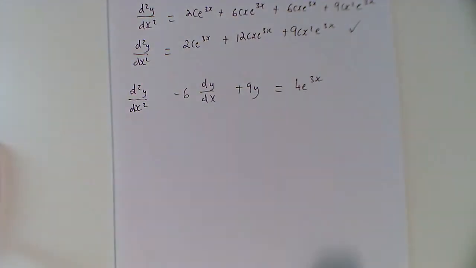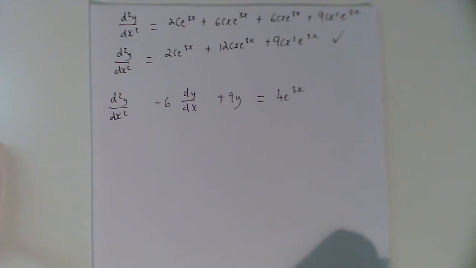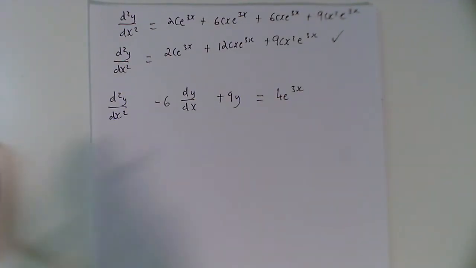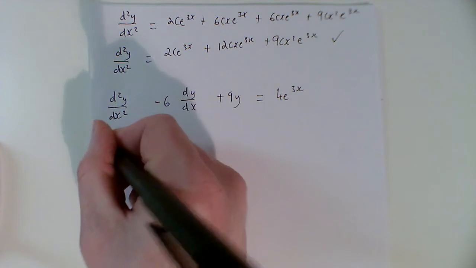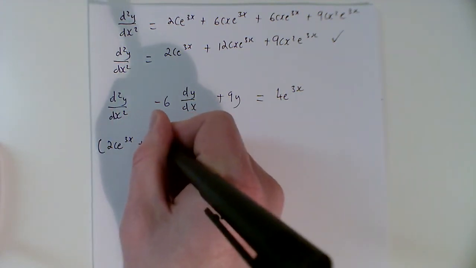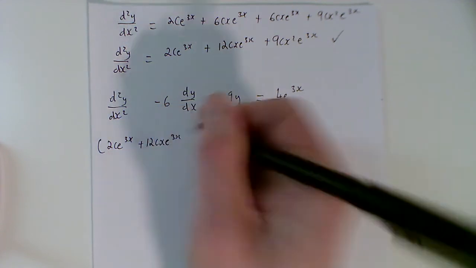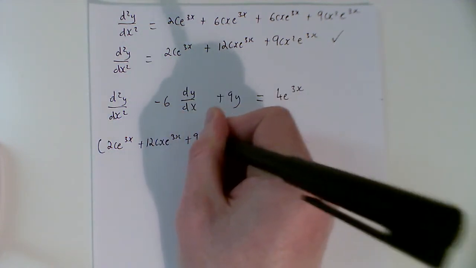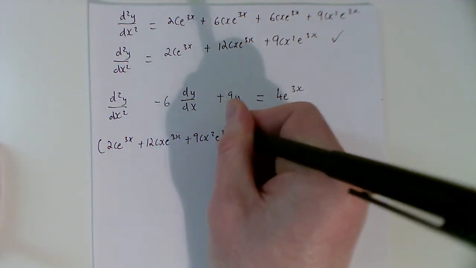Okay, I'm just going to substitute in those three terms, one for d squared y by dx squared, one for dy by dx, and one for 9y. So that's 2c e to the power of 3x plus 12cx e to the power of 3x plus 9cx squared e to the power of 3x.